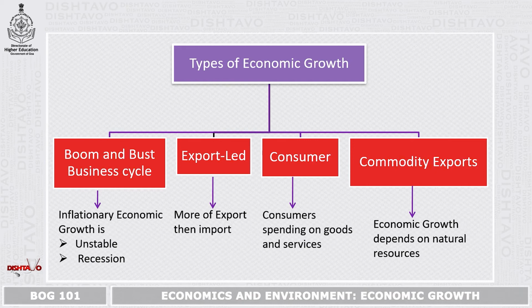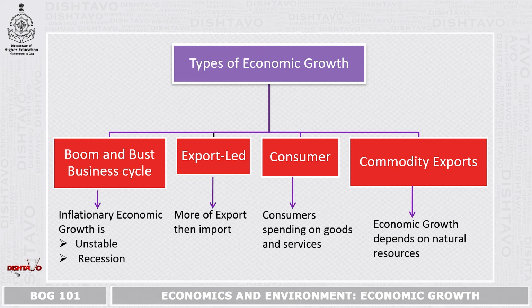Second type is export-led economic growth, where more concentration is on export than import. Examples are countries like Japan and China, where more export has been done. Consumer economic growth, where the main stress is given to consumer spending on goods and services, for example a country like the US.